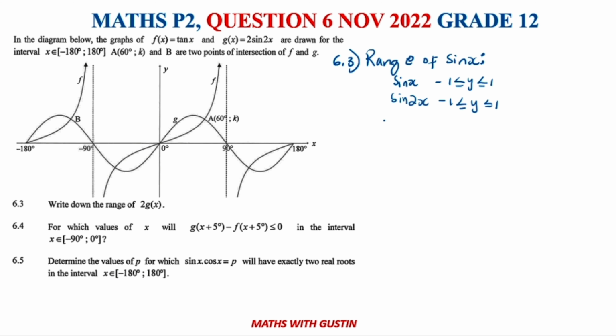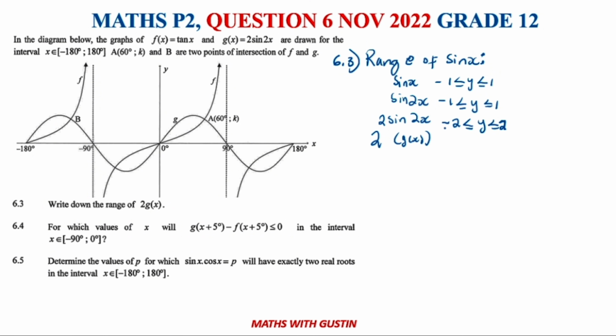Now if a function comes like this, something happens to the range, it changes. It becomes 2 now, because you have multiplied that whole function by 2, so you're going to have greater than or equal to negative 2 and less than or equal to 2 there as well. Now what happens if you say 2 times this whole function of g of x?